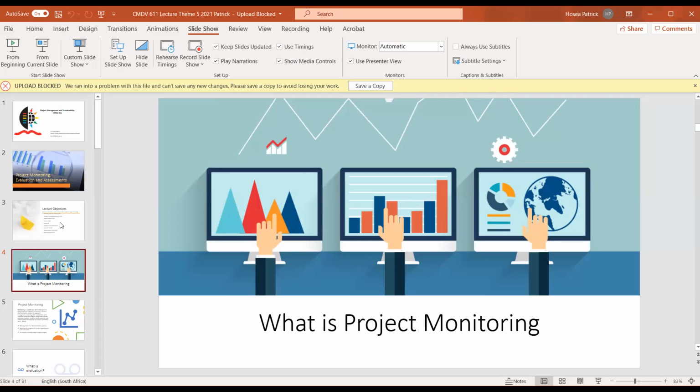In this process you are going to identify the challenges so that you intervene in solving those challenges, so that at the end your project is not going to delay, because like we said, the project has a time frame. If you don't identify the challenges and try to resolve them in time, it means that your project is not going to be finished in time.